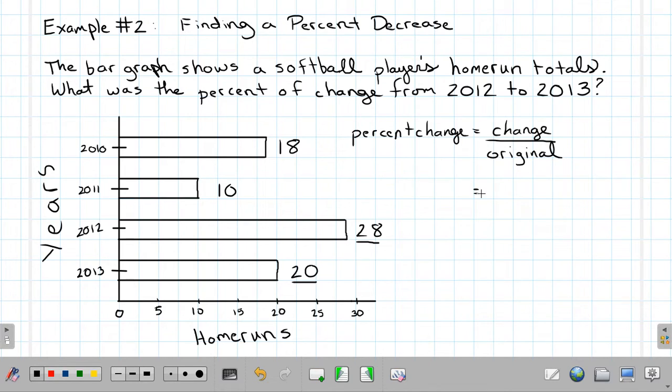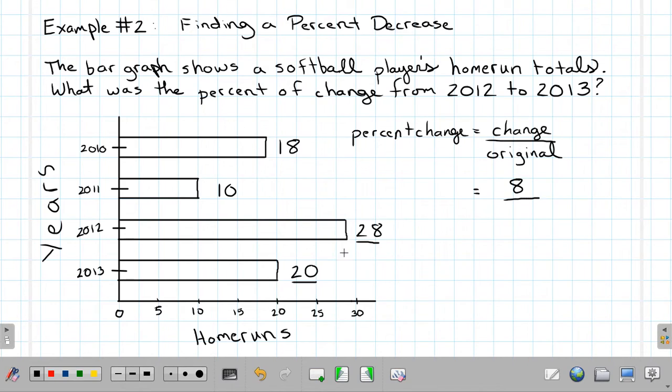Once again, we want to look. Well, we're going from 2012 to 2013, so that means we're going from 28 to 20. So how much does that number change? Well, it changes by 8. Because once again, if we do 28 minus 20, that gives us the number changed by 8.